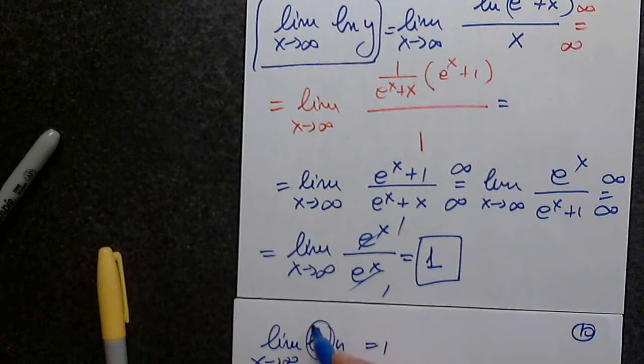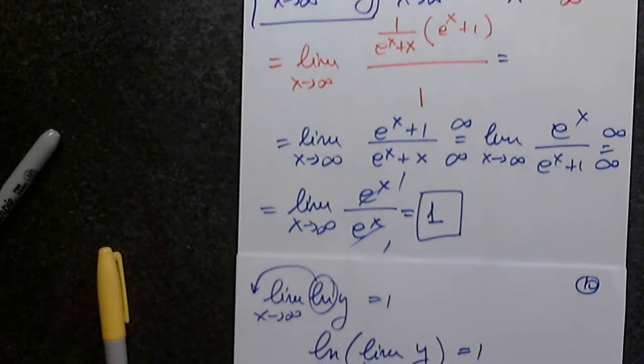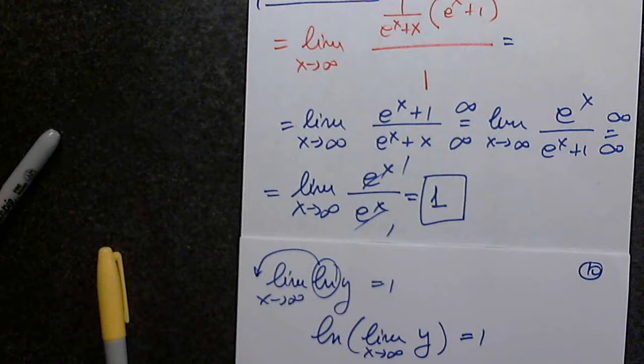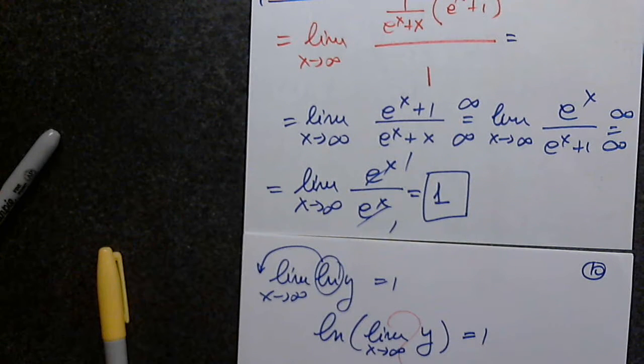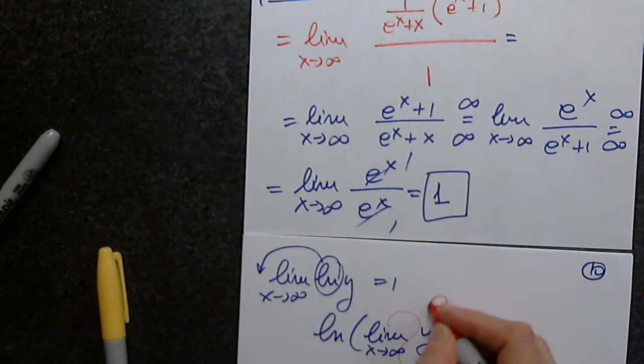Then I'm allowed to swap the operators. So I will have natural log of limit as x approaches infinity of y equals 1. So at this point, I'm asking myself, what could this be? 0. Natural log of 0 doesn't exist, so it must be, yes.